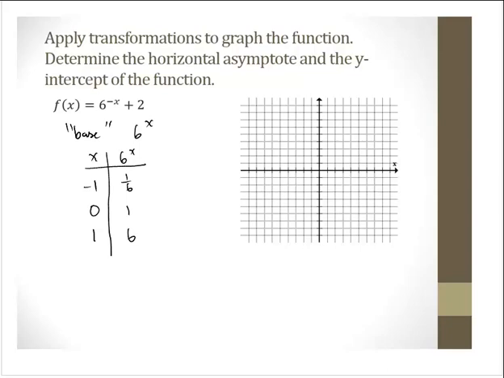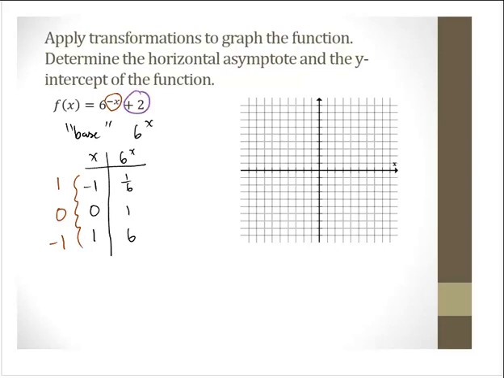All right, but wait a second. I have a -x. So what does a -x do? That's a horizontal flip. That changes the sign. So let me change all these signs. +1, 0, -1. No horizontal shifts, but now I'm going to add 2.